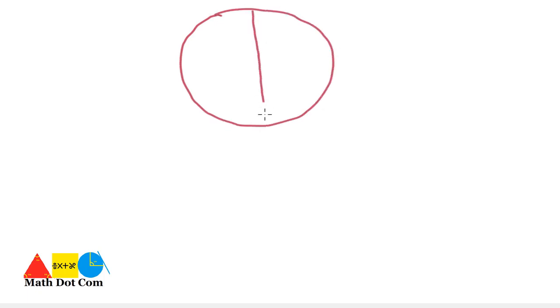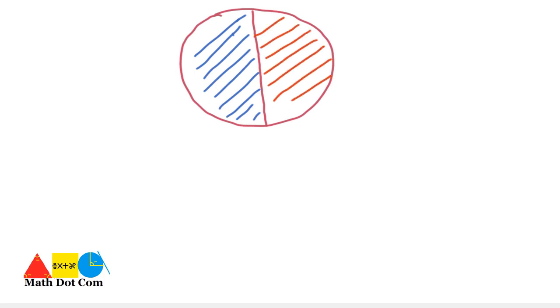Now let's take an example. We have a circle and it is divided into equal parts. Okay, and half of the portion is blue and half of the portion is red.